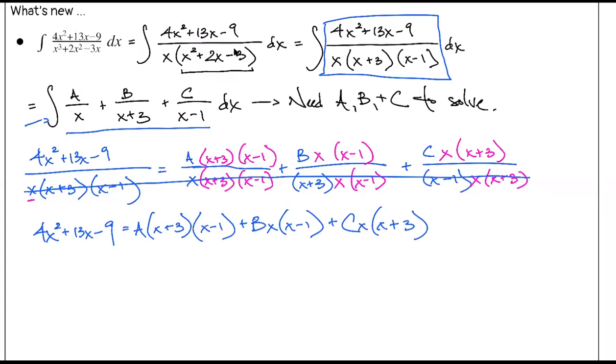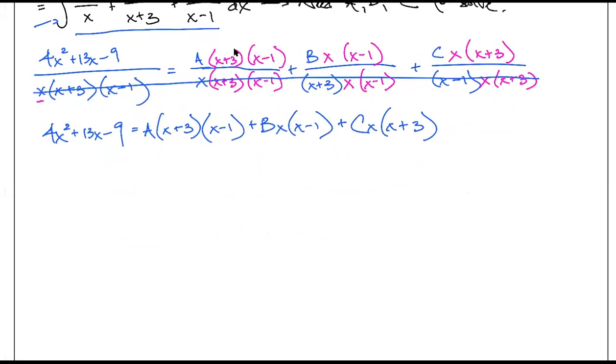If everything in the denominator is linear, what we can do, instead of setting up a system of equations, is be really clever about the numbers we try for x, okay? So here's what I mean by that.